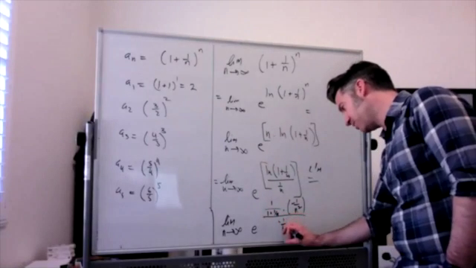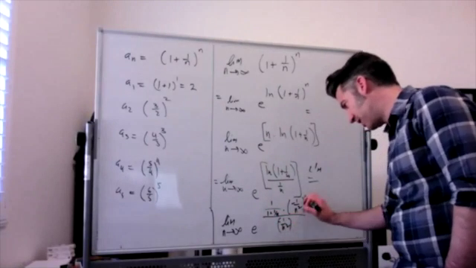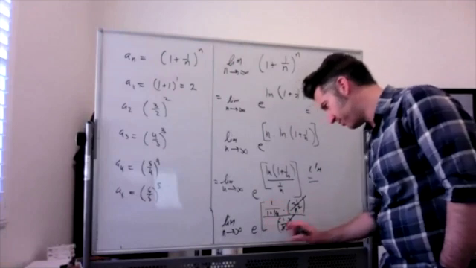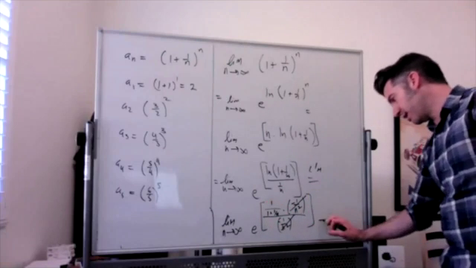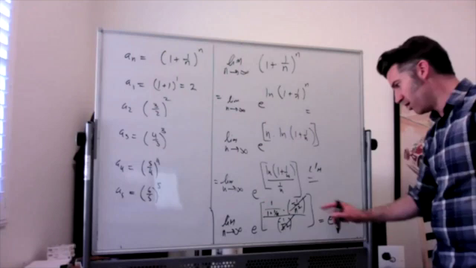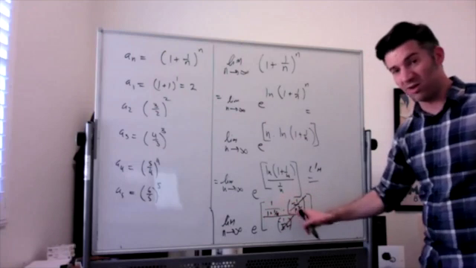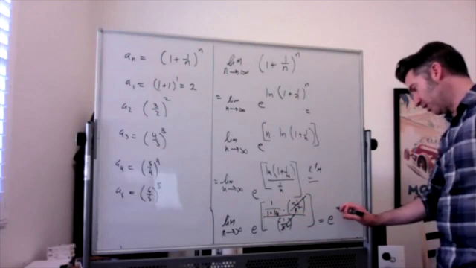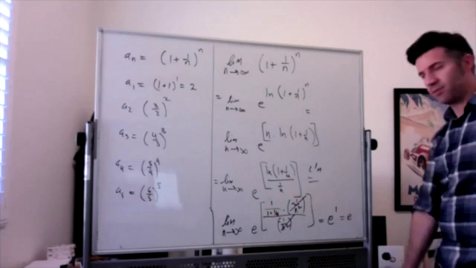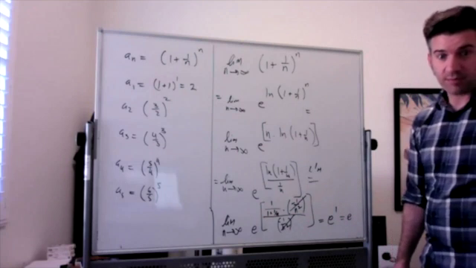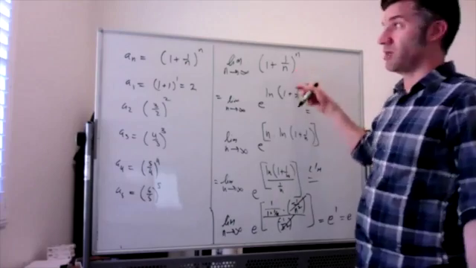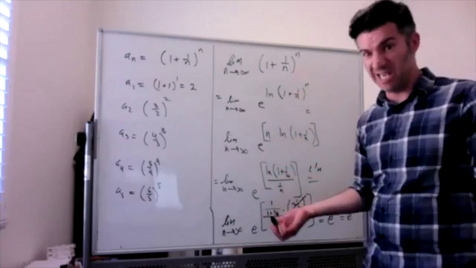For this problem, those exactly cancel out, which is great. So then we get e to the 1 over (1 + 1/n), where 1/n goes to 0. So we get e to the 1, which is just e. So the limit is e, which means this sequence does converge. It converges to e.